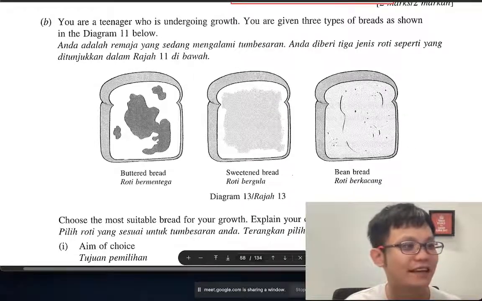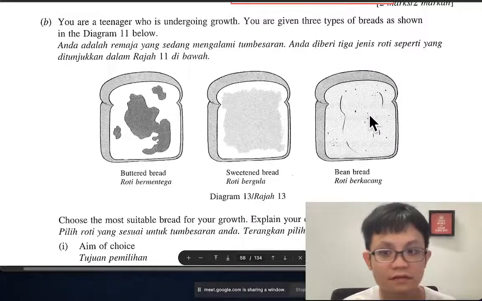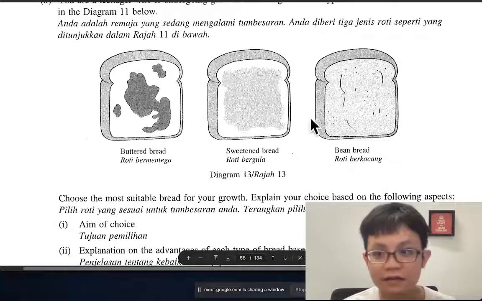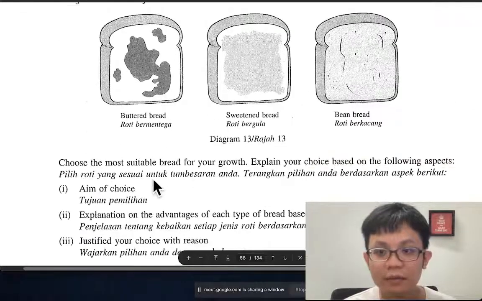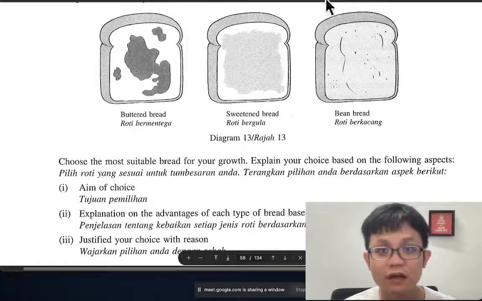Yes, you want to take it. So why do you want to take bean bread? It contains nutrients and it's healthier. So the aim is to choose the most suitable bread. Explain better. So of course we want to choose bean bread.